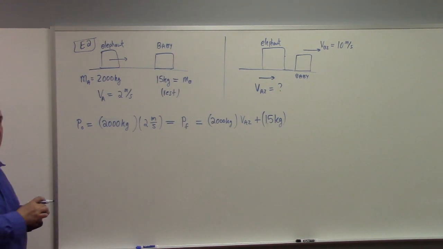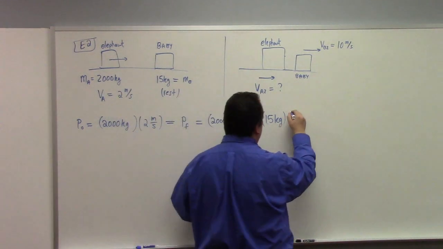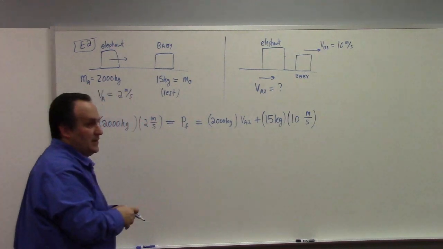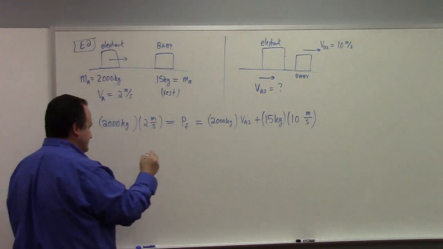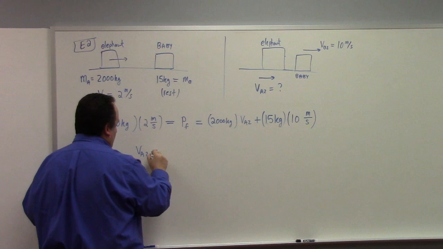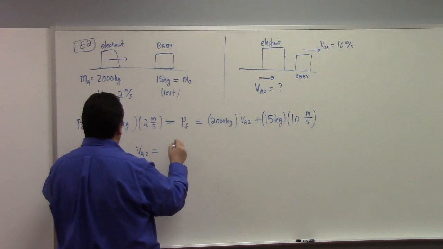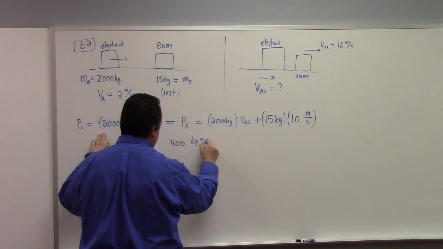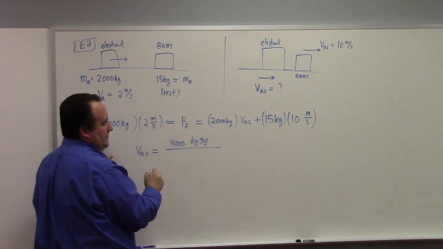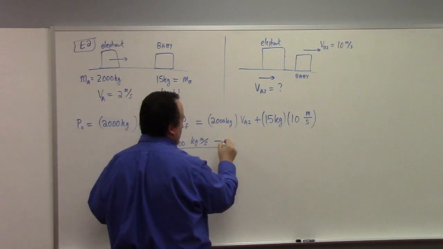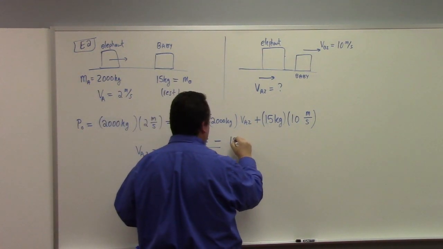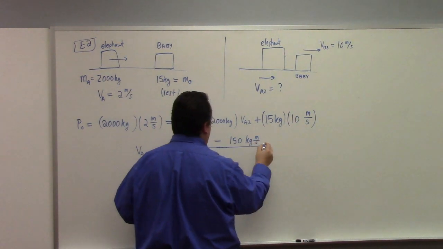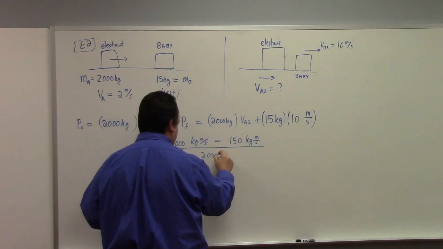15 kilograms times 10 meters per second. So we can solve for VA2. What do we get? We've got 4,000 kilogram meters per second minus 150 kilogram meters per second, and then I have to divide by 2,000 kilograms.